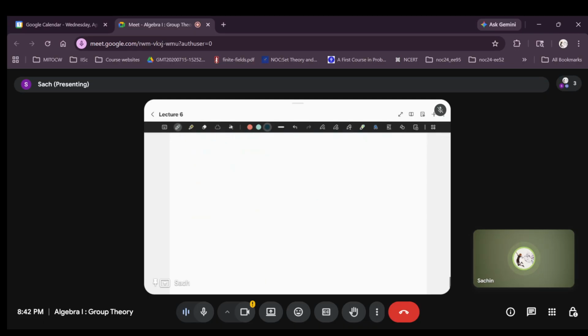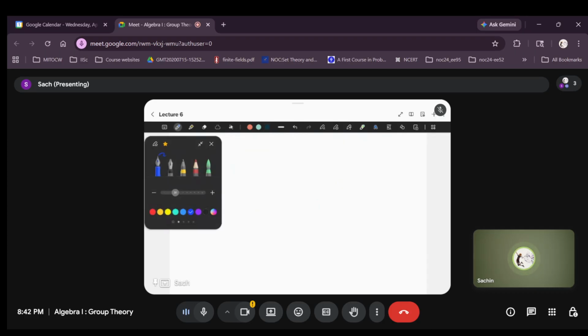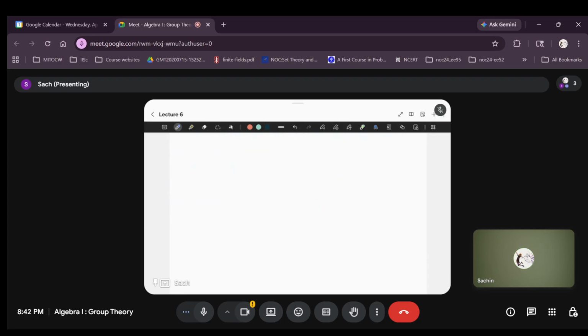The next important concept is that there are two subgroups. Now this was one subgroup, the subgroup generated by an element. You don't really have to worry too much about the subgroup generated by a set.